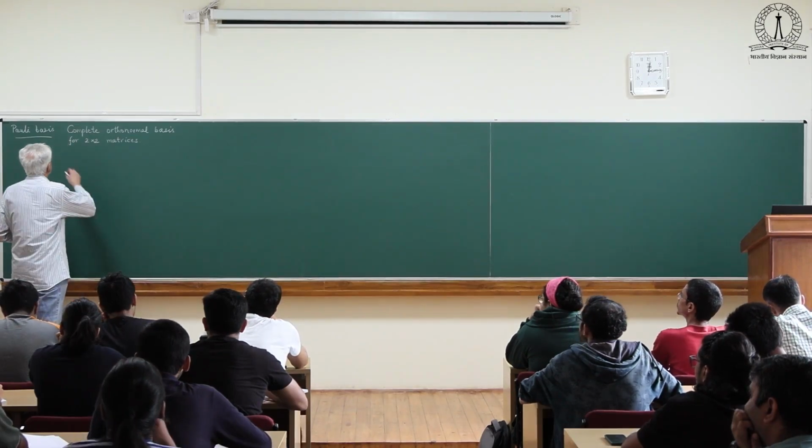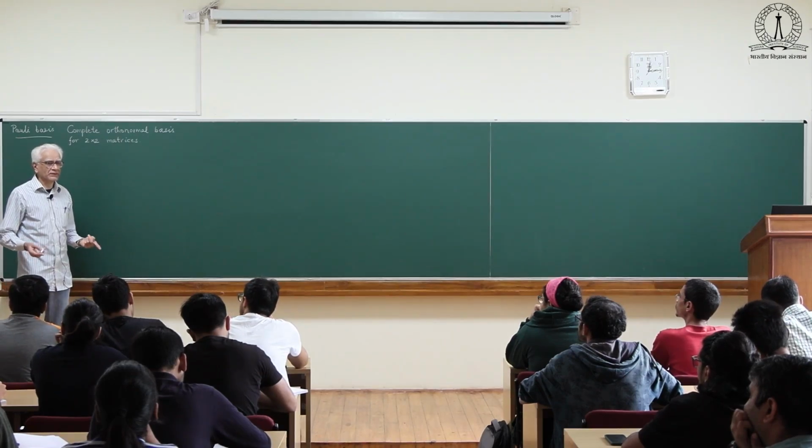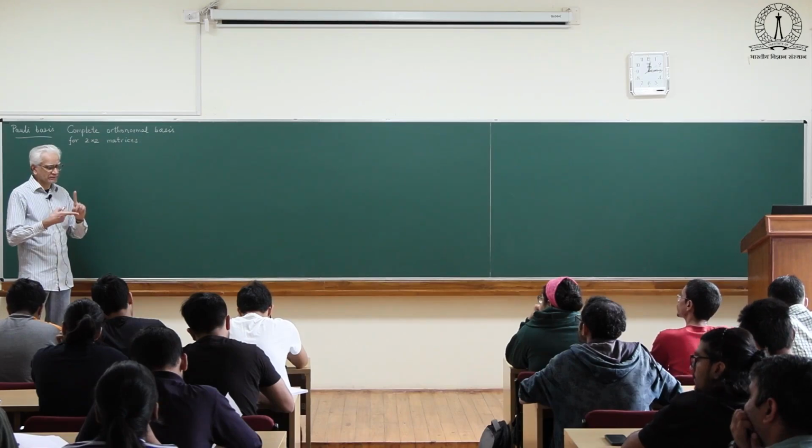So overlap, you know how to define for vectors. It's just like a dot product, and if it is 0, that means they are perpendicular.